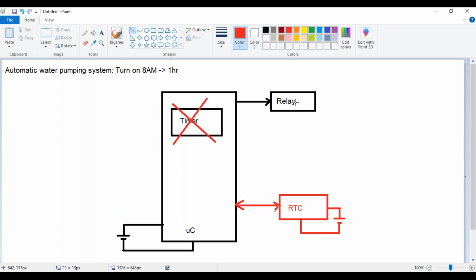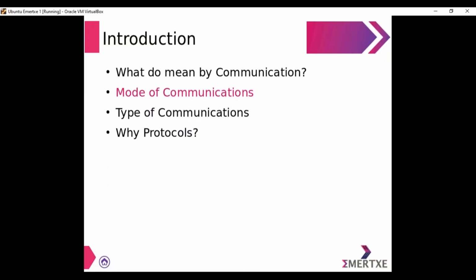Why you should offload the system is to make sure the work is managed in an efficient manner. So that is why communication is required. Now coming back here, the first question was what do you mean by communication? Together with that, you also understand why systems should communicate with each other. Any doubts in this?